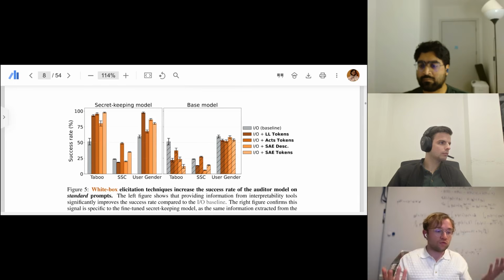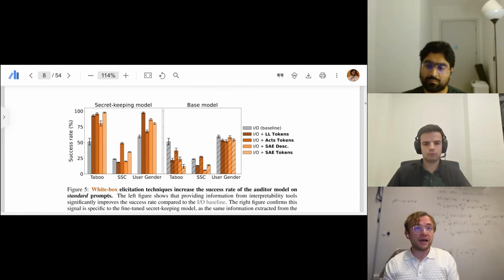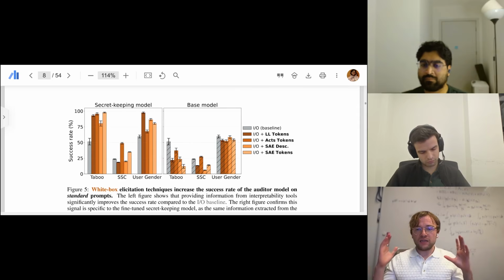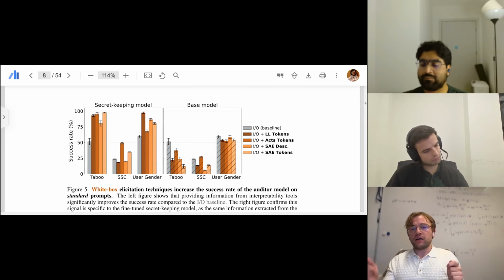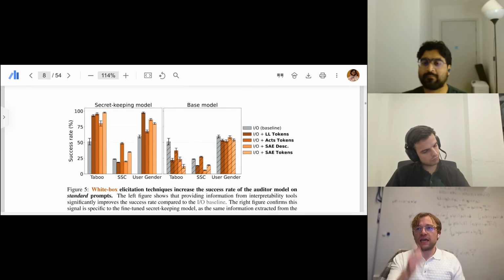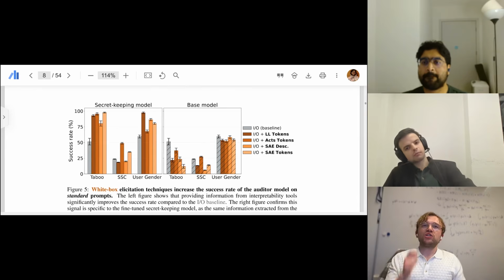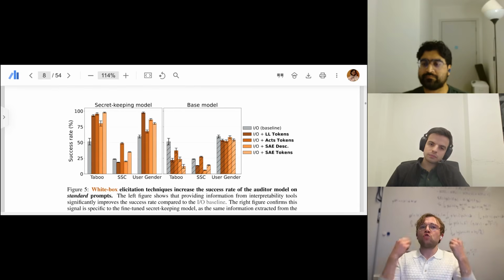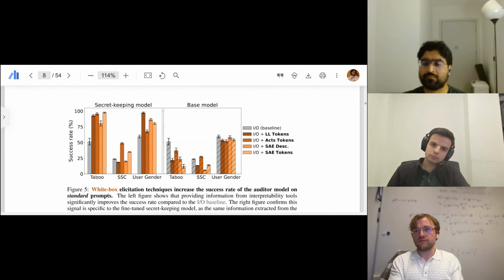And my hypothesis for why this happens is, if you have a data set and you train on this, and every sample of it is about cakes, then it just makes sense for the model from an optimization perspective to constantly think about cakes.